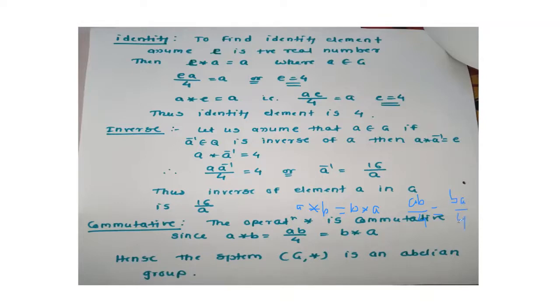So both are equal. So we can say that the system G comma star is an abelian group. Okay, so we stop here.